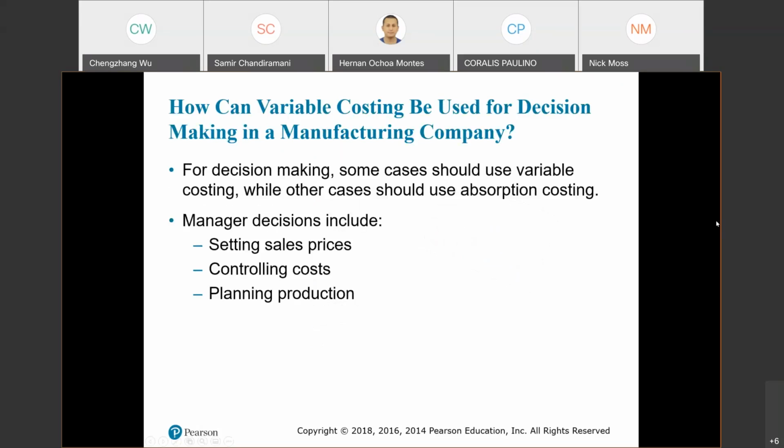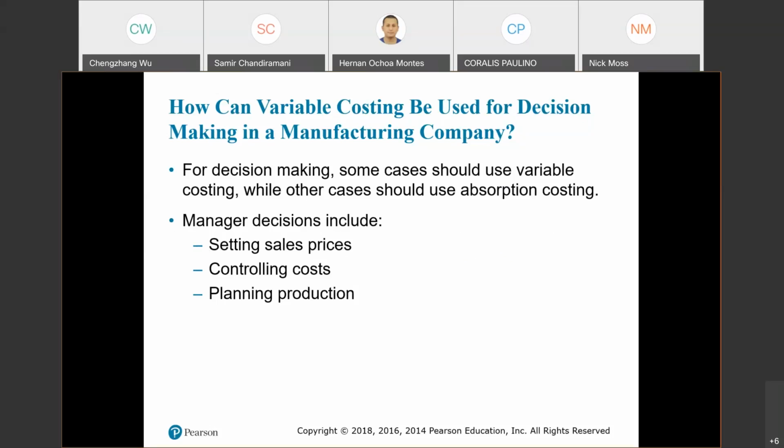Well, in some cases, variable costing is more appropriate for decision making, but in some other cases, absorption costing is more appropriate. So here, let's see some cases where variable costing is more appropriate.